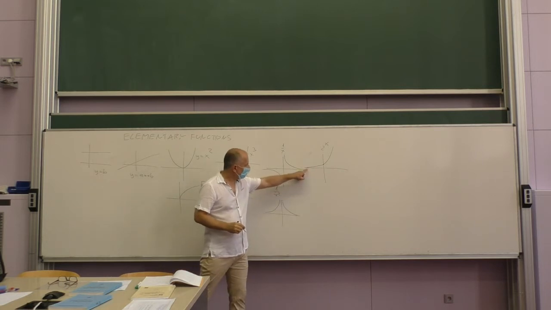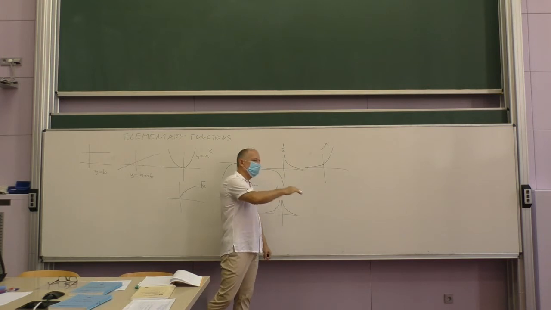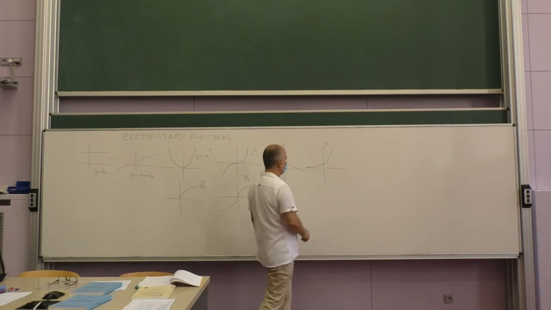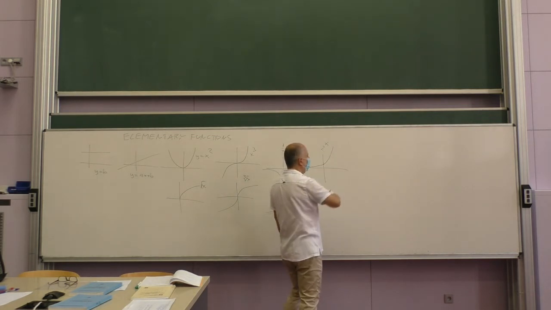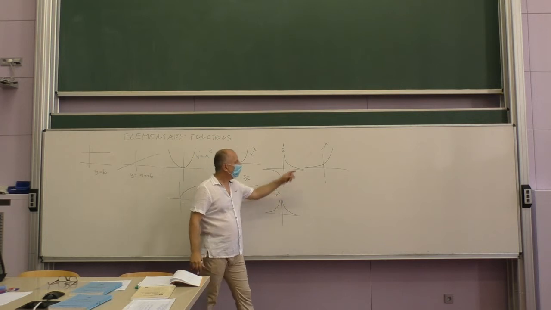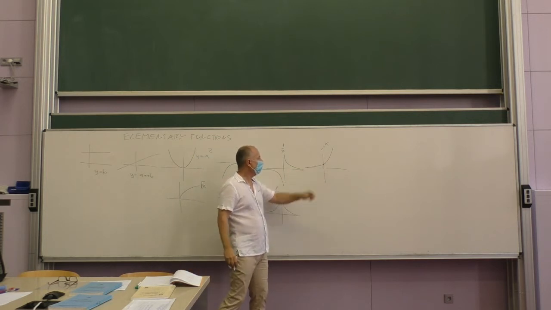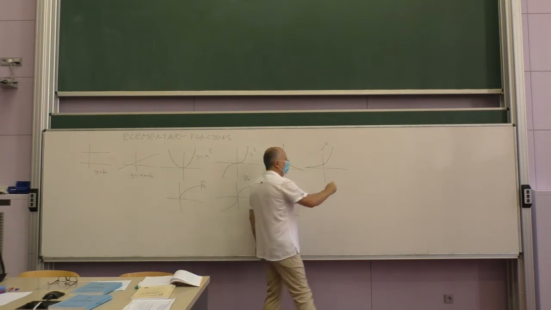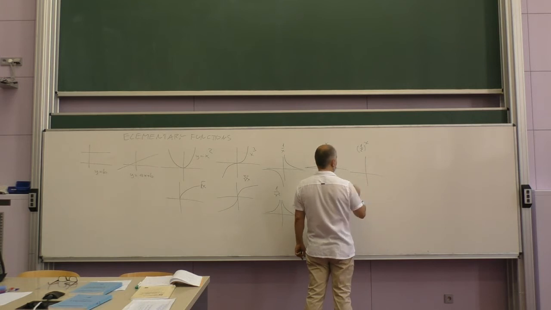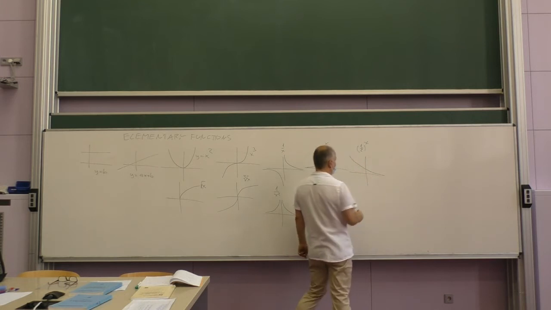It never touches the x-axis, it only approaches or converges closer and closer to the x-axis. If we change the base from 2 to any number greater than 1, we have a qualitatively similar picture. While if the base is between 0 and 1, then the function is decreasing.